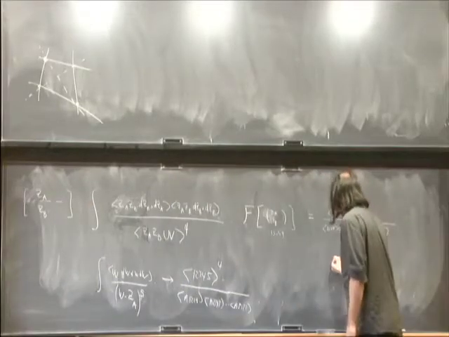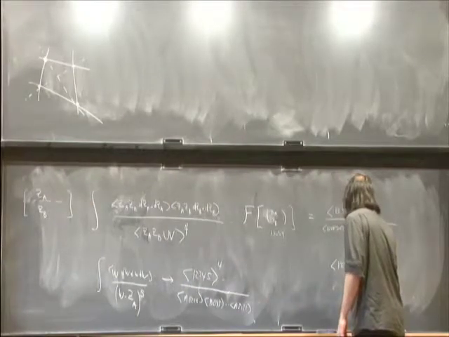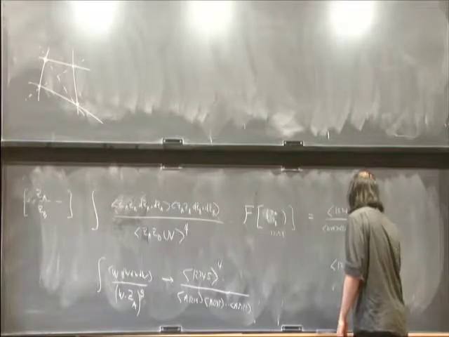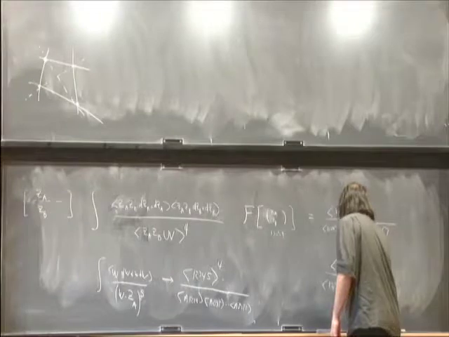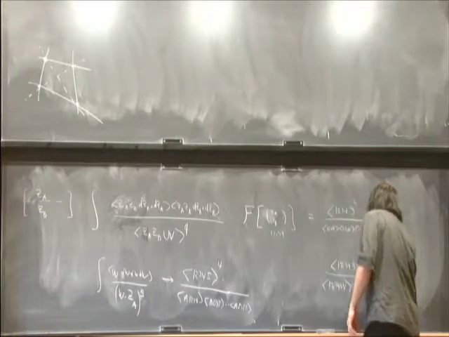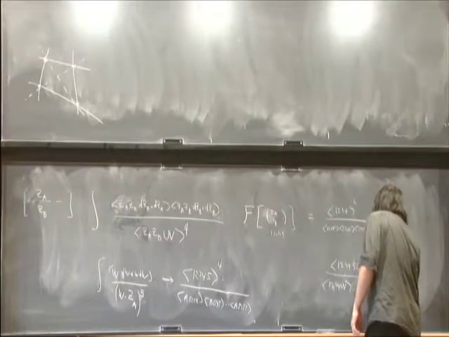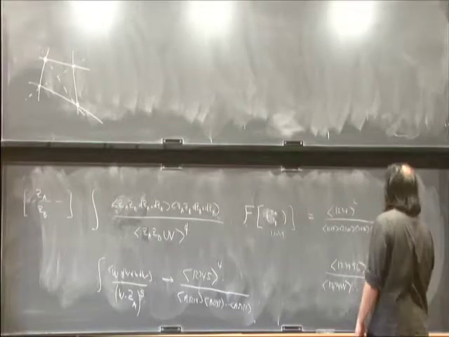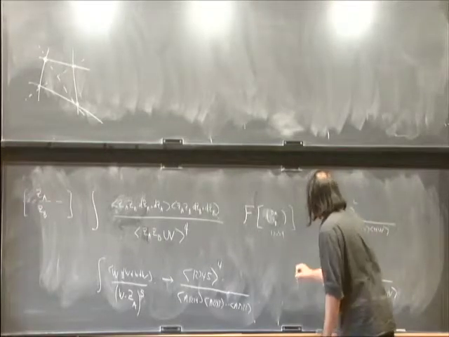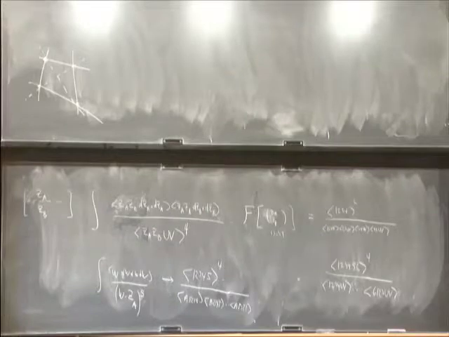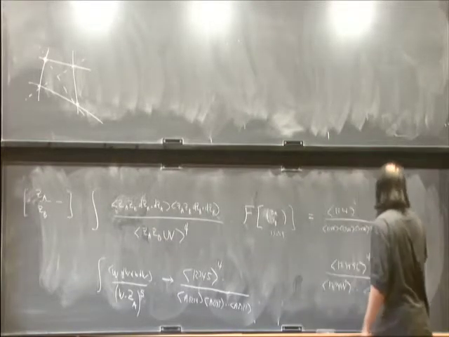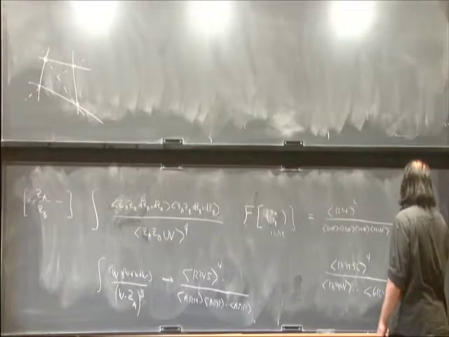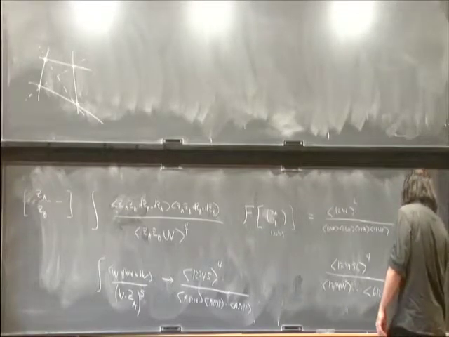If it's in G26, we want it to be 1, 2, 3, 4, 5, 6 to the 4th over 1, 2, 3, 4 UV up to 6, 1, 2, 3 UV. So this is in G24, and this is in G26.